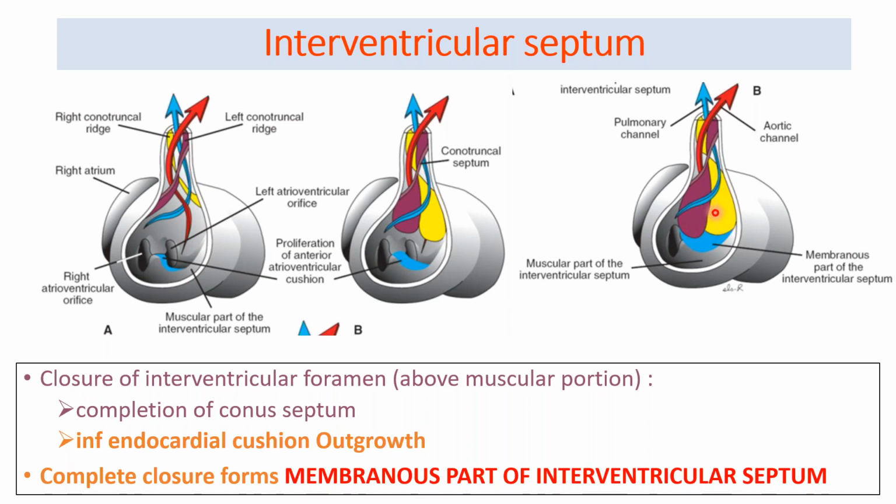So the conal septum, when they are forming, is also going to grow distally, and together these three portions are going to completely close the interventricular foramina and form the membranous part of the interventricular septum above the muscular part of the interventricular septum.